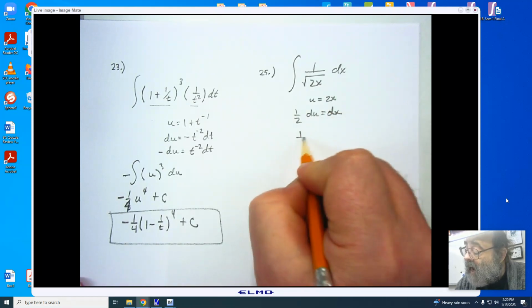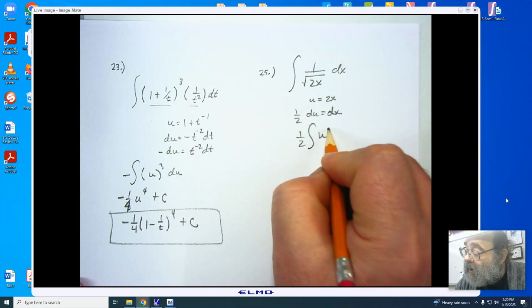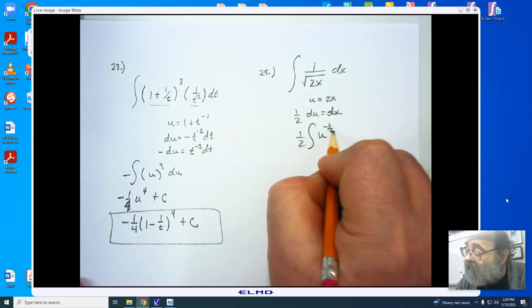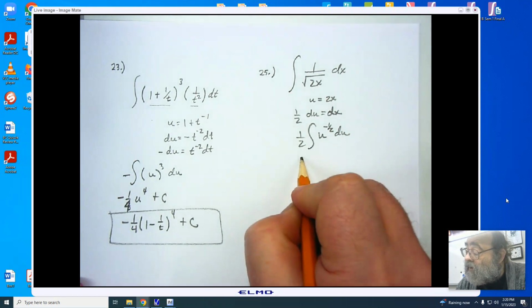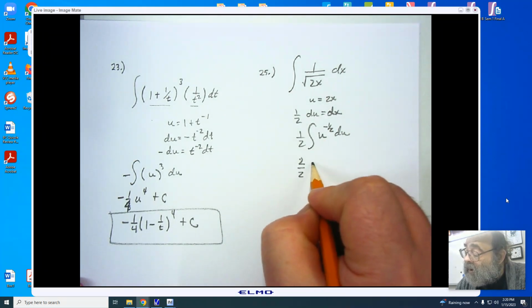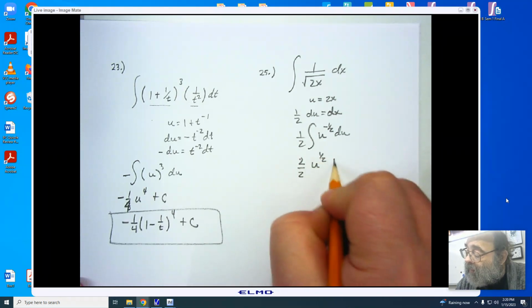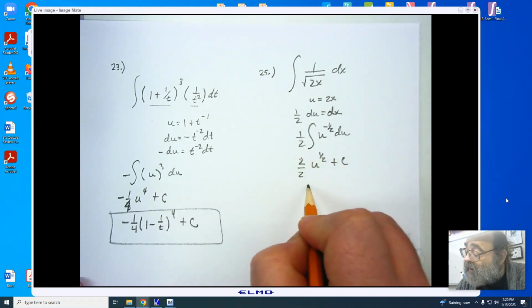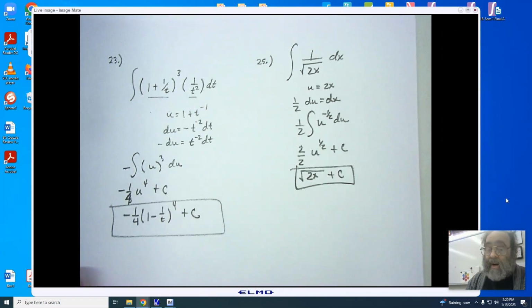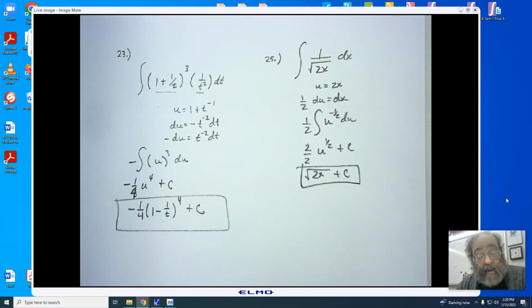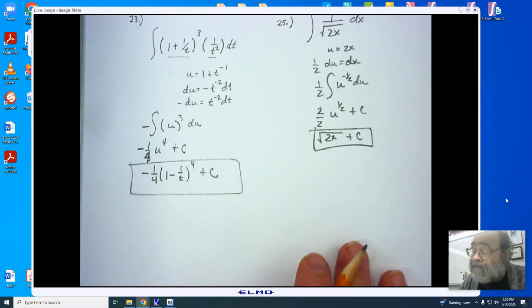I now have 1/2 the integration of u to the negative 1/2 power du. I end up adding, and notice I'm going to get 1/2, so 2 over 2 u to the 1/2 power plus c, and I simplify and back substitute. Once again, double check your answer by doing the differentiation.